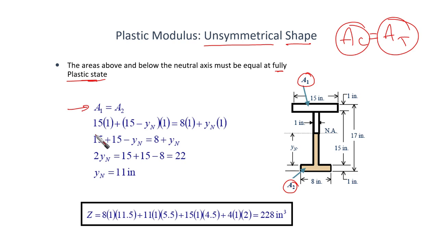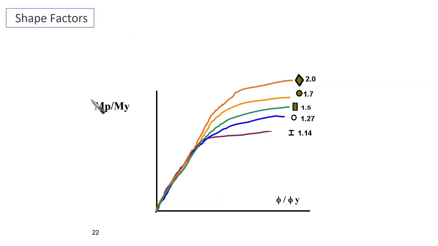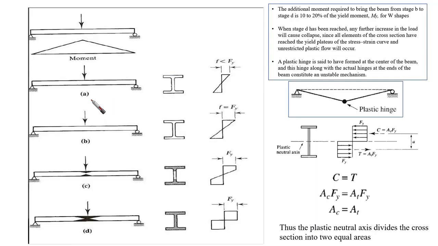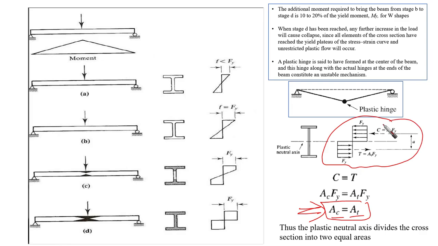This is the rule of thumb that we already obtained when we were developing. If we go back here, do you remember? Yes, this is the point where we said that AC equals AT. From the very beginning, we mentioned that the area in compression should equal the area in tension.